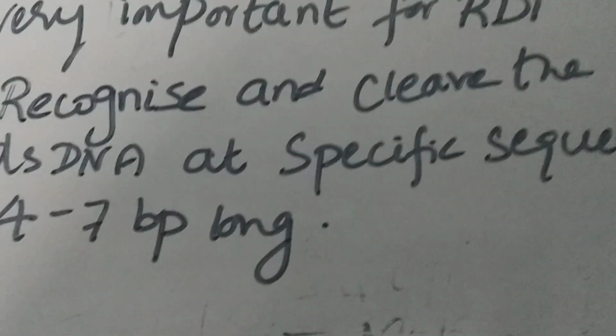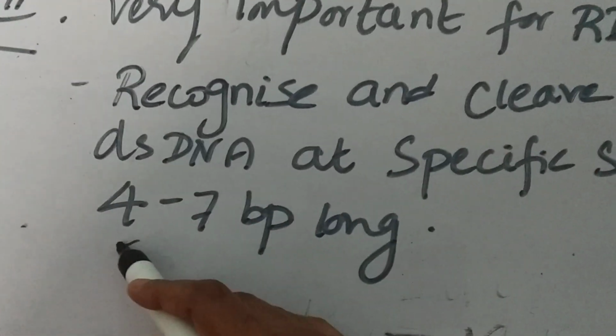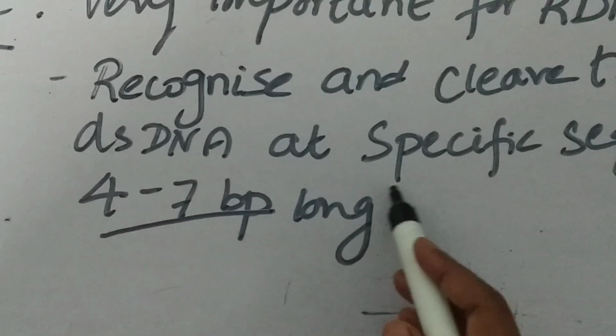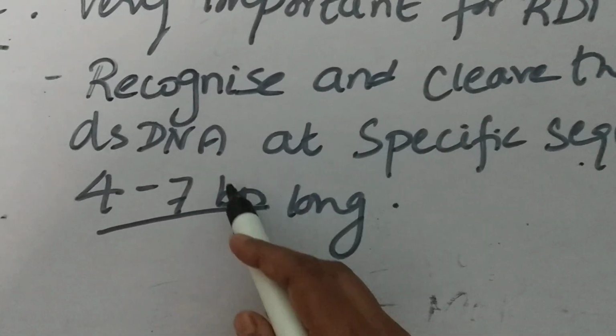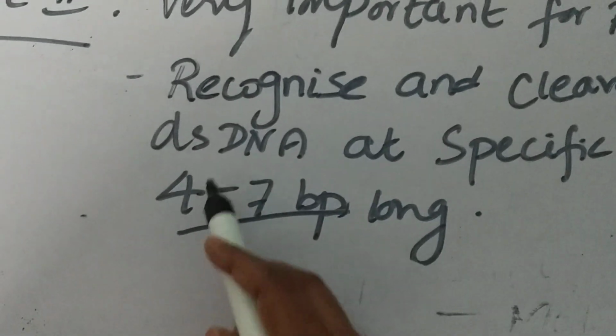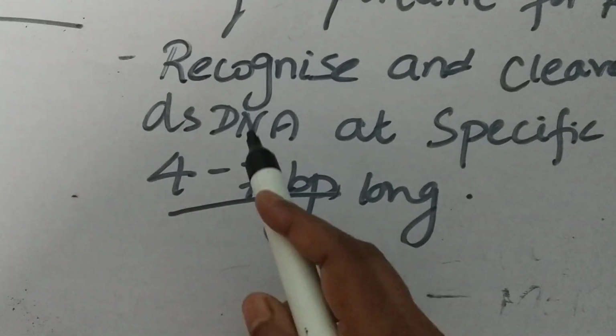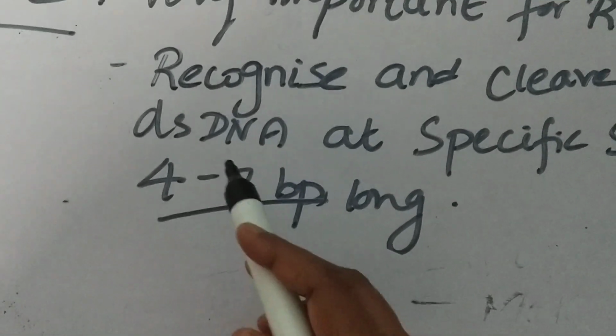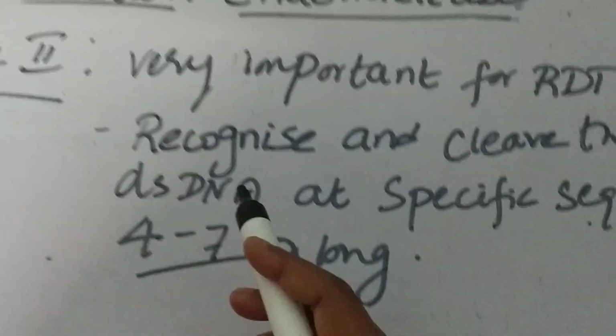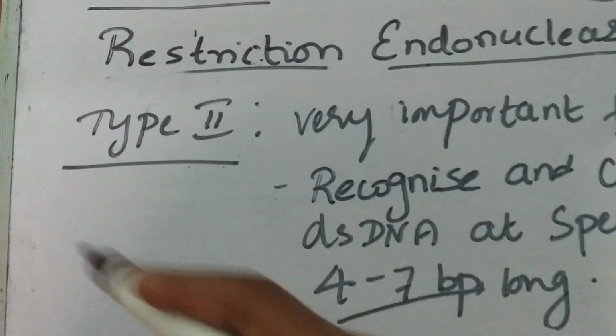They recognize 4 to 7 base pairs long sequences, and they also cut this DNA at the same point. So this is the beauty of restriction enzymes type 2.